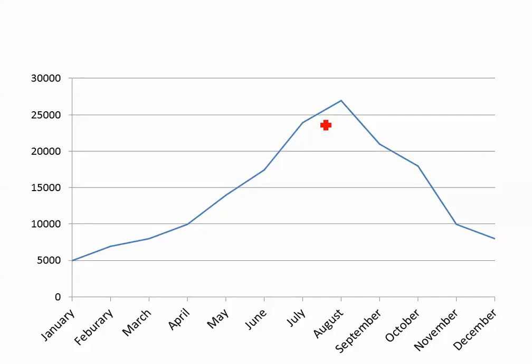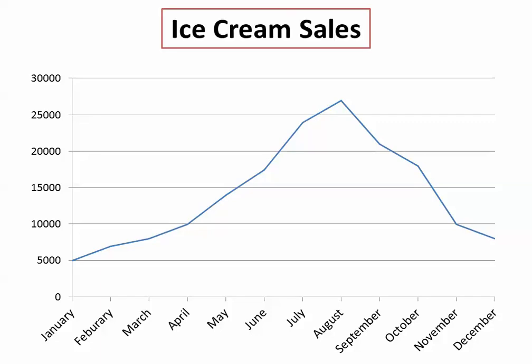Somebody said, oh well, maybe it's like a vacation spot, and so in the summer more people are going on vacation or something like that. Some people, any number of things. What this actually is, the data that I used to create it was an ice cream store, and so obviously during the warmer months they sell more ice cream.